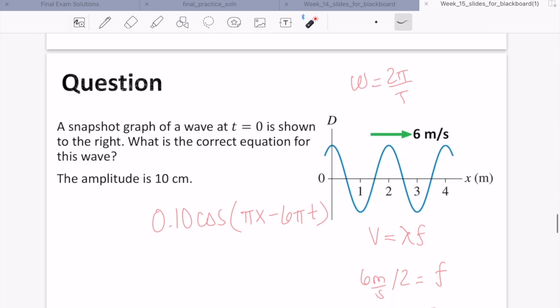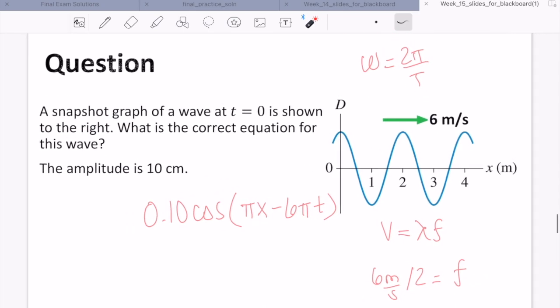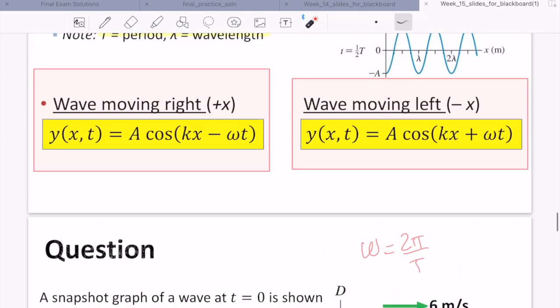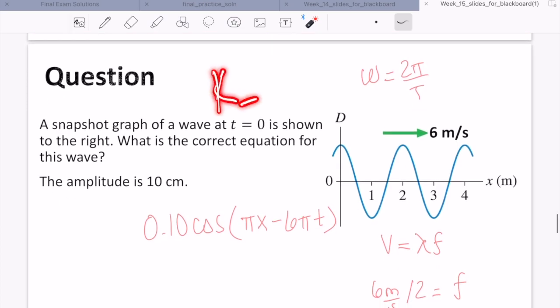So if I wanted to set up an equation for a snapshot graph that looks like this, they gave me the amplitude, which is 10 centimeters, or 0.1 meters. They gave me the speed, 6 meters per second. I have to figure out the wave number and angular frequency, because x and t are just variables. The wave number k is 2 pi divided by wavelength.